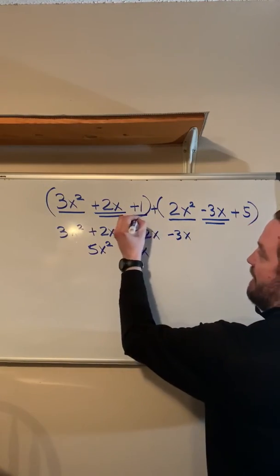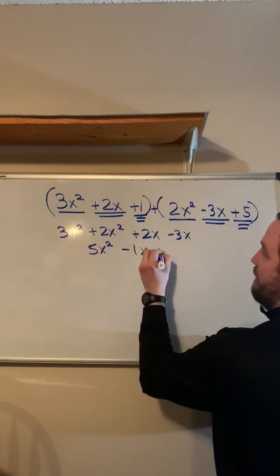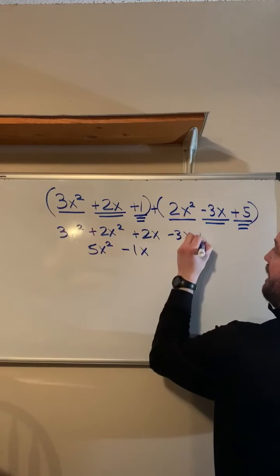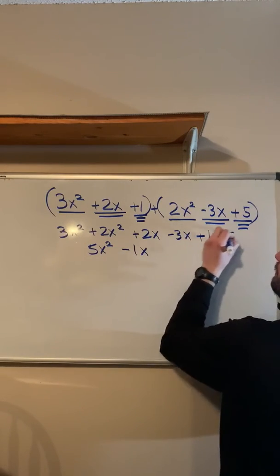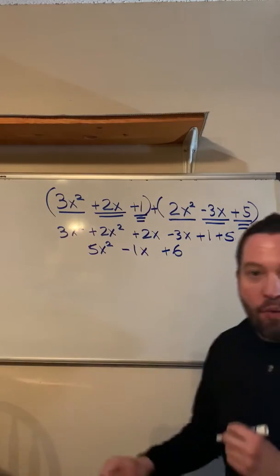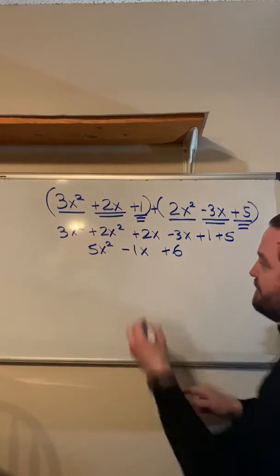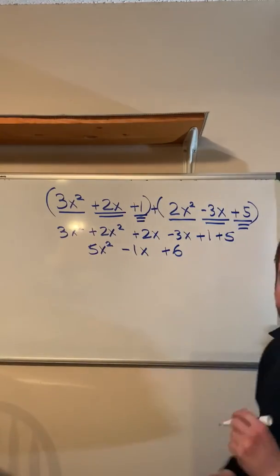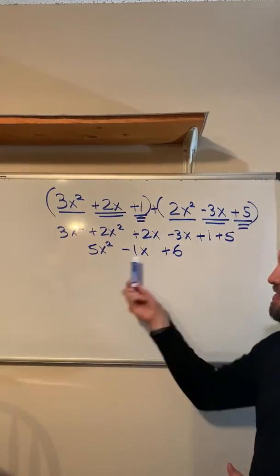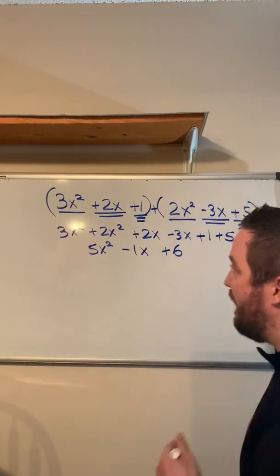And then lastly, I've got my constants, which get 3 lines. So I've got 1 plus 5, and 1 plus 5 gives me 6. So I've got 3 unlike terms: an x squared, x to the power of 1, if you will, and my constants. This again is 3 terms, so it's going to be a trinomial.